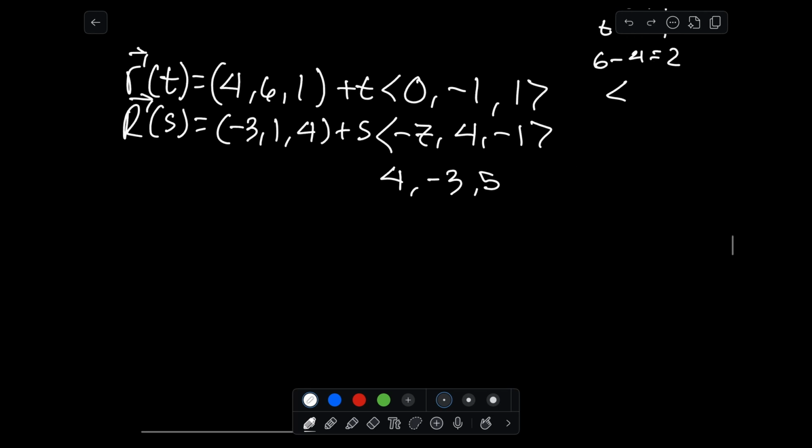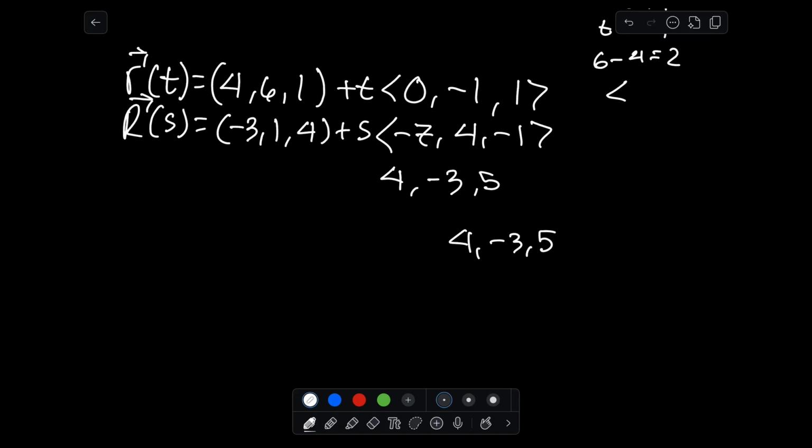And then what we would do from here is see if there's a point that maps onto that for here, and we can try and solve for that.